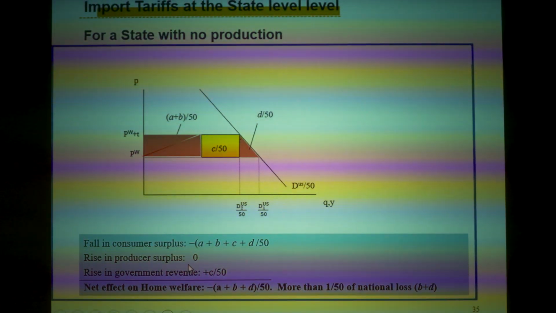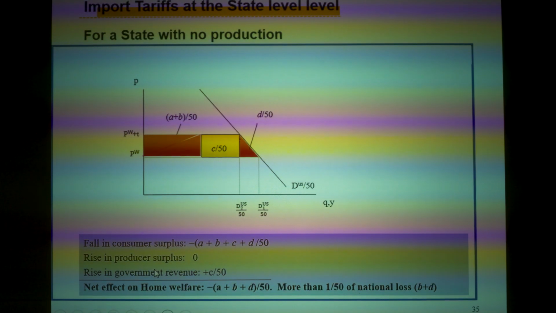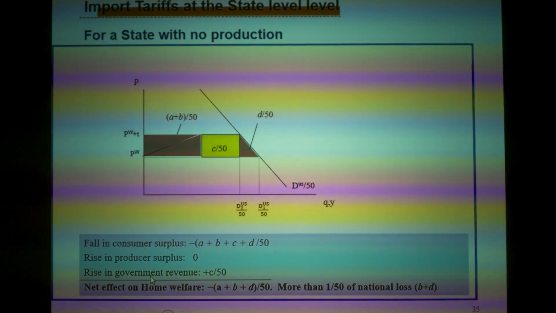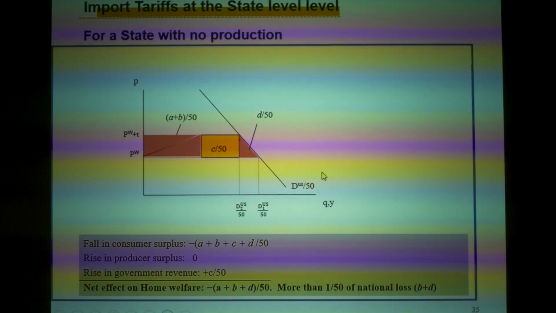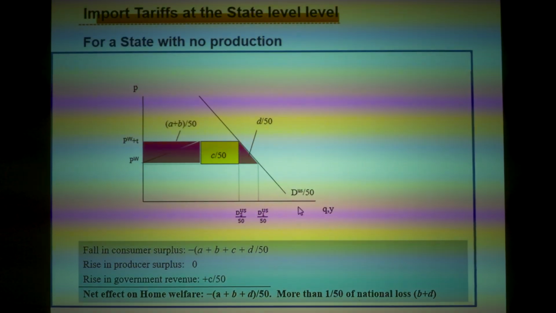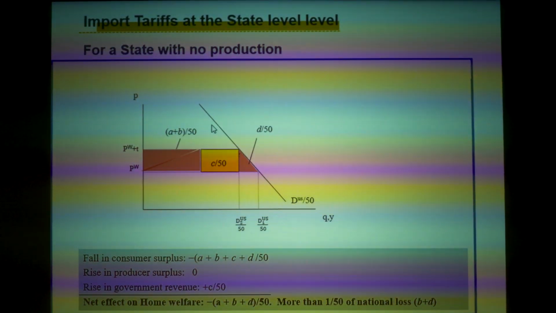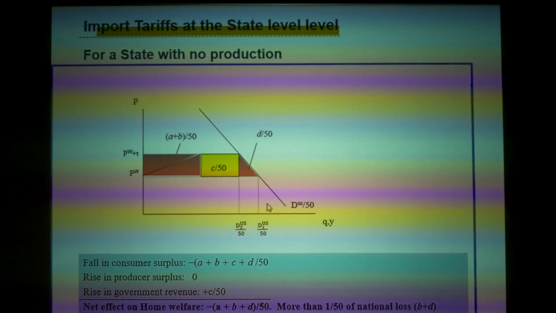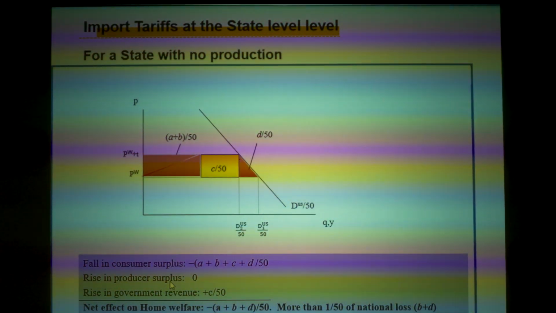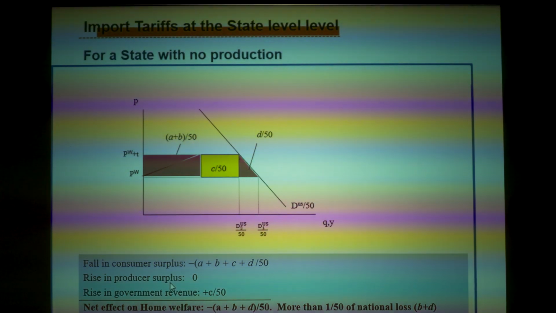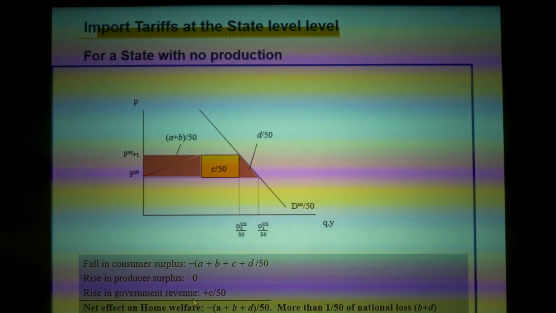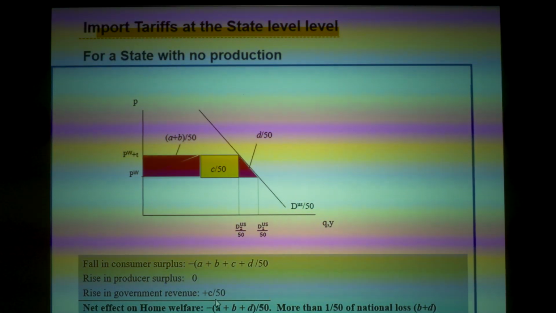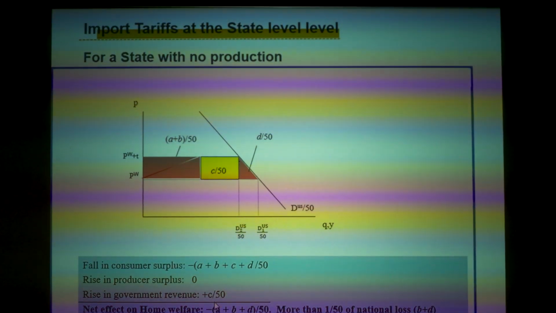You've got no producer surplus because this state does not produce this product. Let's just call it steel. This demand curve for steel comes from industries using steel. It's really a demand curve from other firms, but you've got no firms producing steel, so no producer surplus. You do have your revenue, but you just get your state share, C over 50.